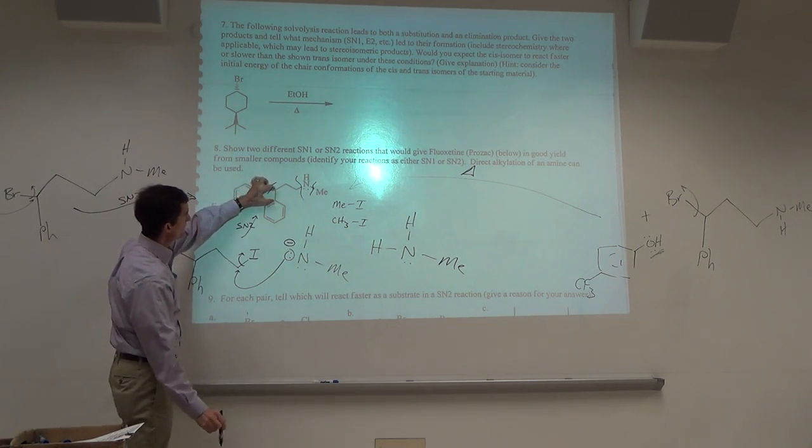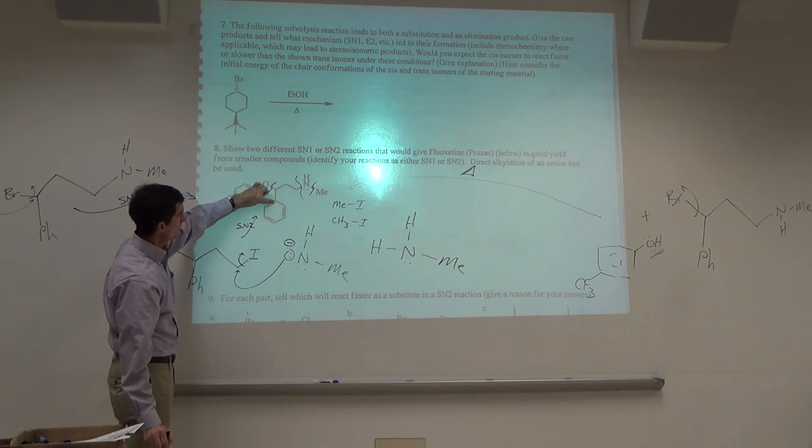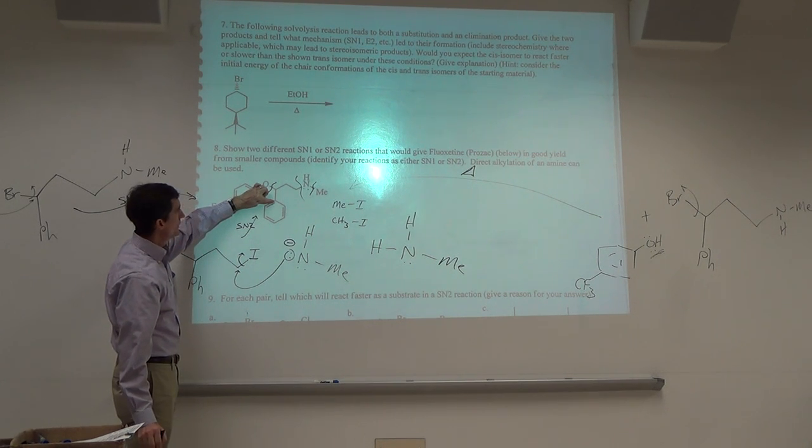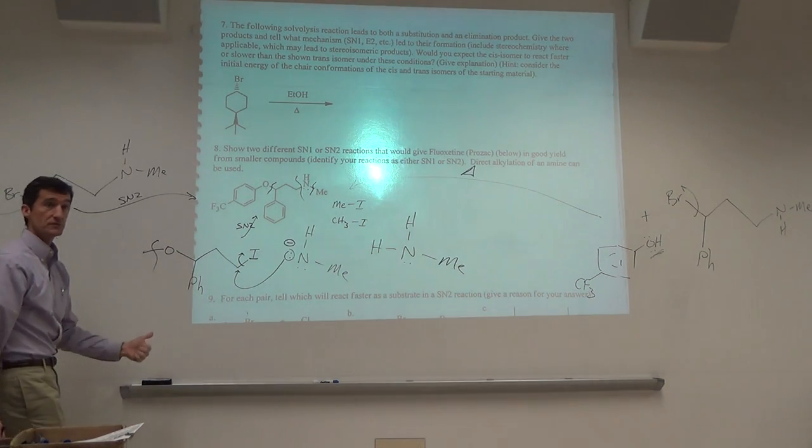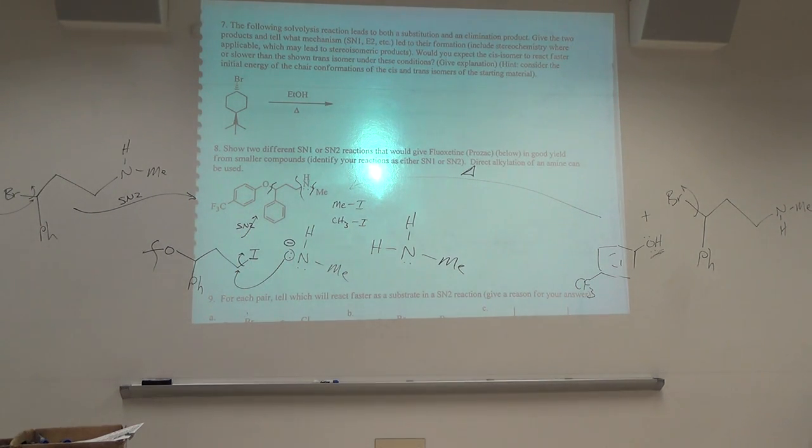I mean, you could maybe envision making this bond, but that's going to require a carbanion. Carbanions are hard to make. Very often your heteroatoms, oxygens and nitrogens and sulfurs, those are your nucleophiles. I mean, we did see examples of carbon as a carbanion.